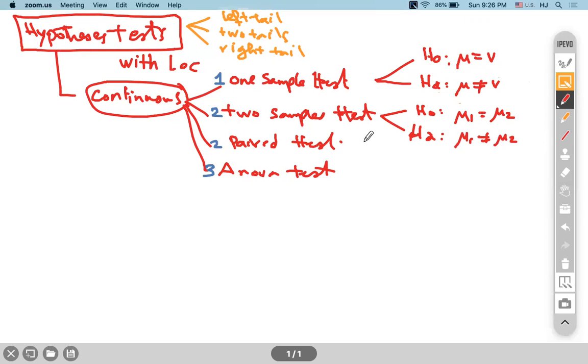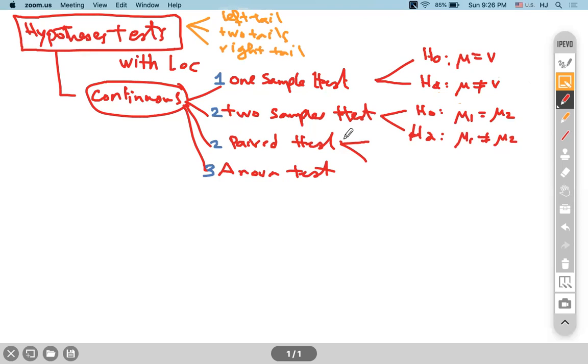When we do a paired test, we have the same assumption, but the only difference between the 2 sample test and the paired test is that in the paired test, the same test was applied on both groups.